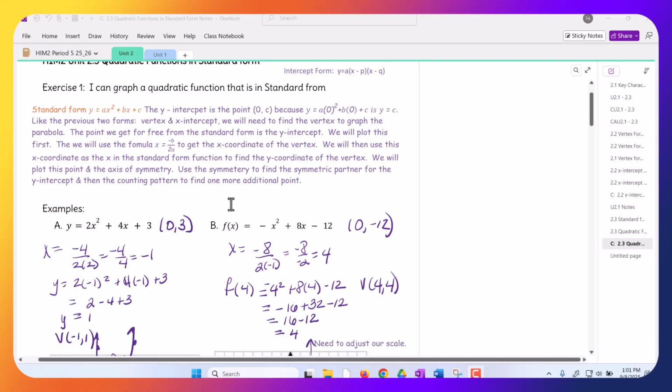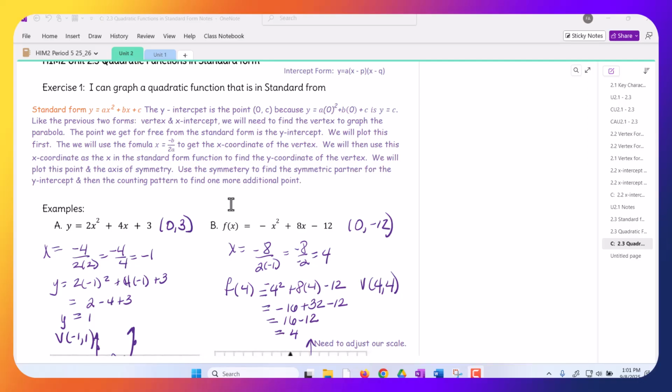Like the previous two forms, the vertex and x-intercept, we will need to find the vertex to graph the parabola. The point we get for free from the standard form is the y-intercept. We will plot this first, then we will use the formula x equals the opposite of b over 2a to get the x-coordinate of the vertex.